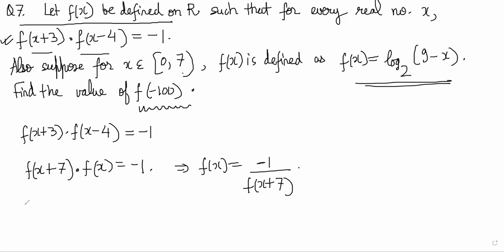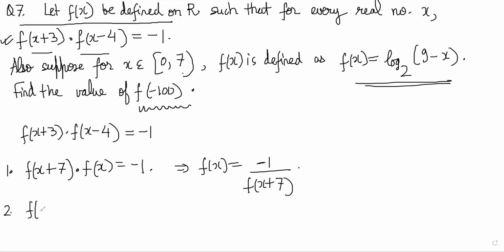This is the first step basically, and then the second step, what we'll do is we'll try to get f of x plus 7 in a different way. We will say instead of x, we will put x plus 11, right?